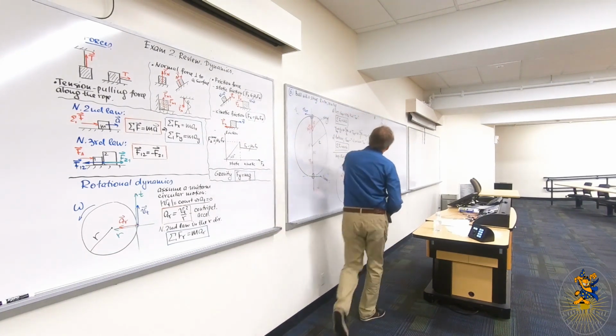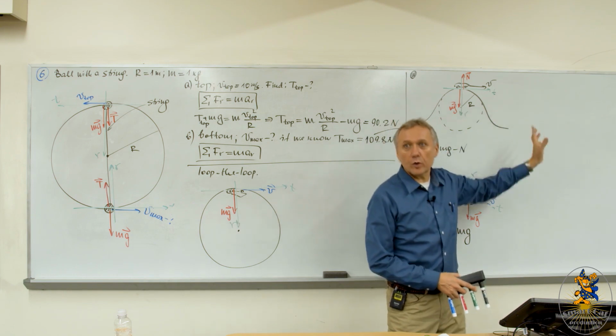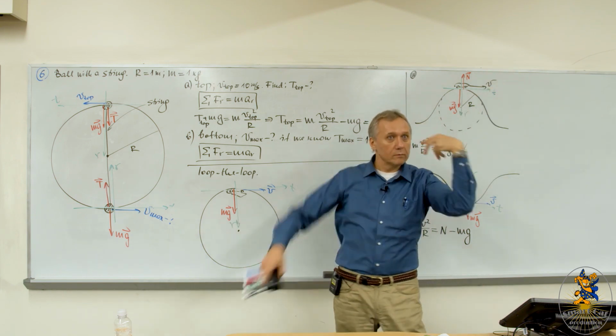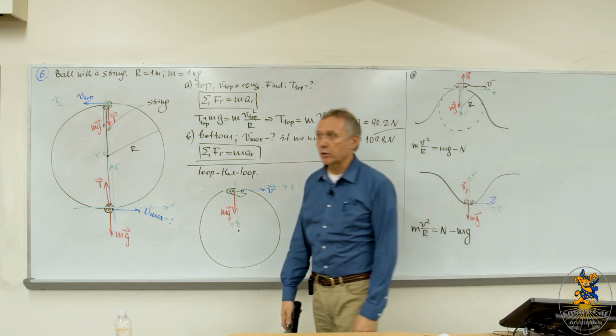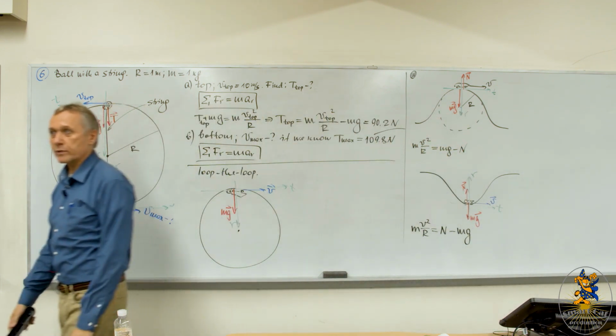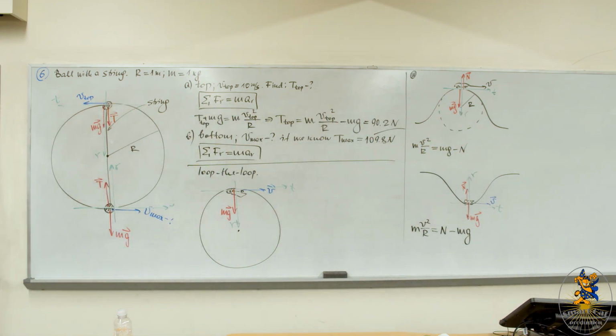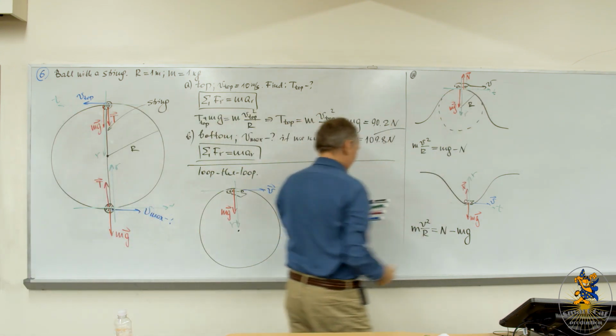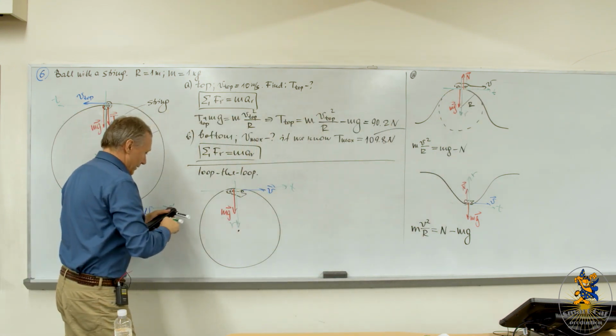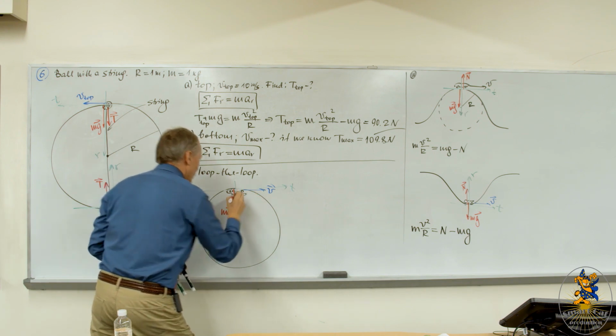Over here the surface was below the car, so the normal force was up, but now the surface is above, so the normal force will be down. So be careful with that, right? Before, the car was riding over the hill, now it's sort of like driving under the hill. Normal force.